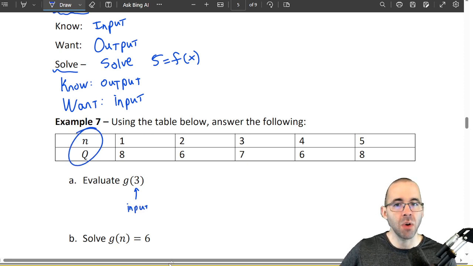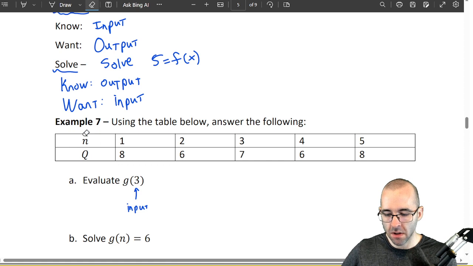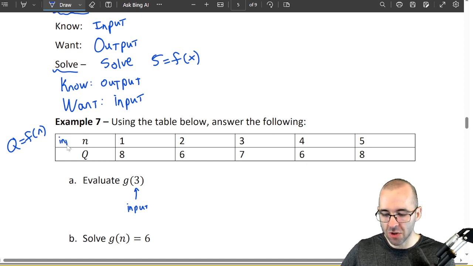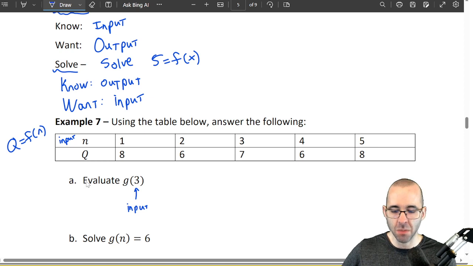So which one of these is input, N or Q? Well, before we said that Q is a function of N. N was the input. And usually the first row of the table will be the input, or the first column. You can write a little note to yourself if you forget. Label which one's the input and which one's the output.